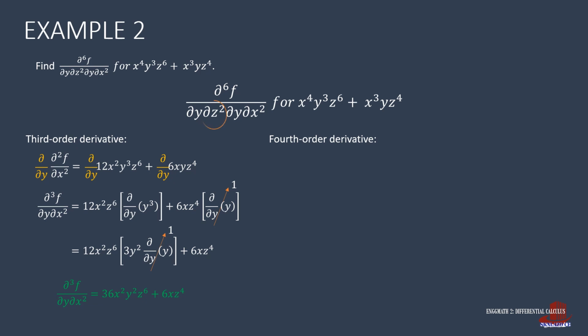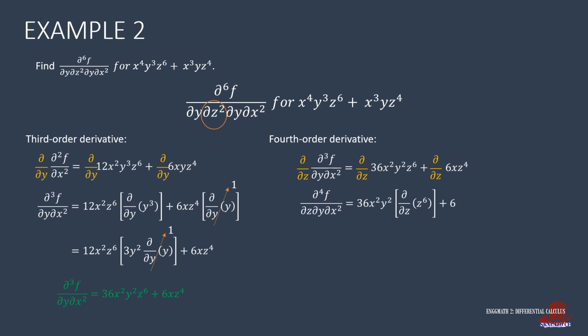For the fourth derivative, the function is differentiated with respect to z. The differentiation goes as 36x squared y squared times the derivative of z raised to 6 plus 6x times the derivative of z raised to 4.